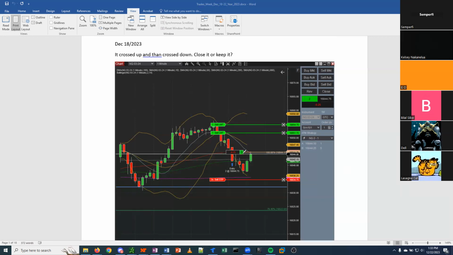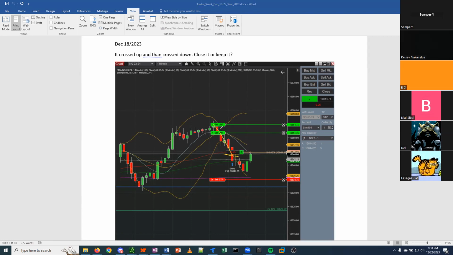That's where you guys gotta get experience, and that's why I don't recommend using fishing orders right out the gate. I want you guys to wait. Remember, one of the biggest things is hit your level, wait for that candle to close.